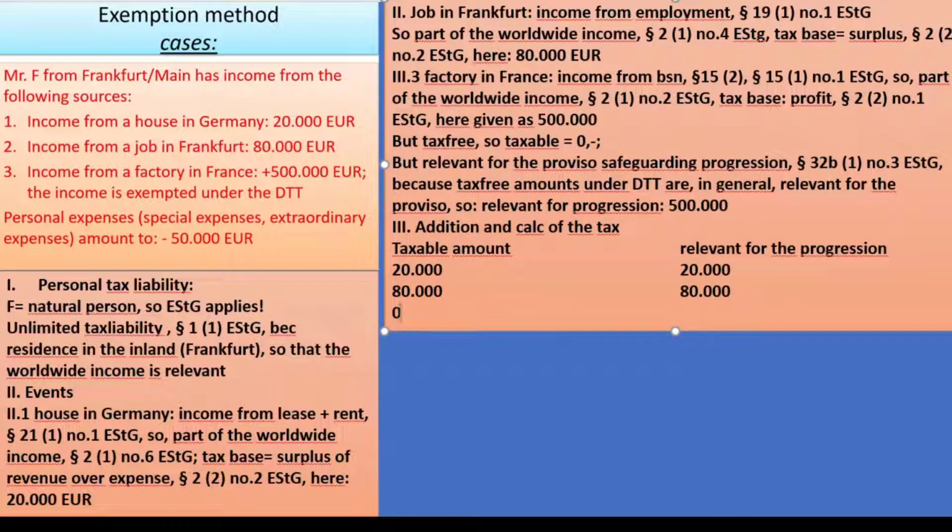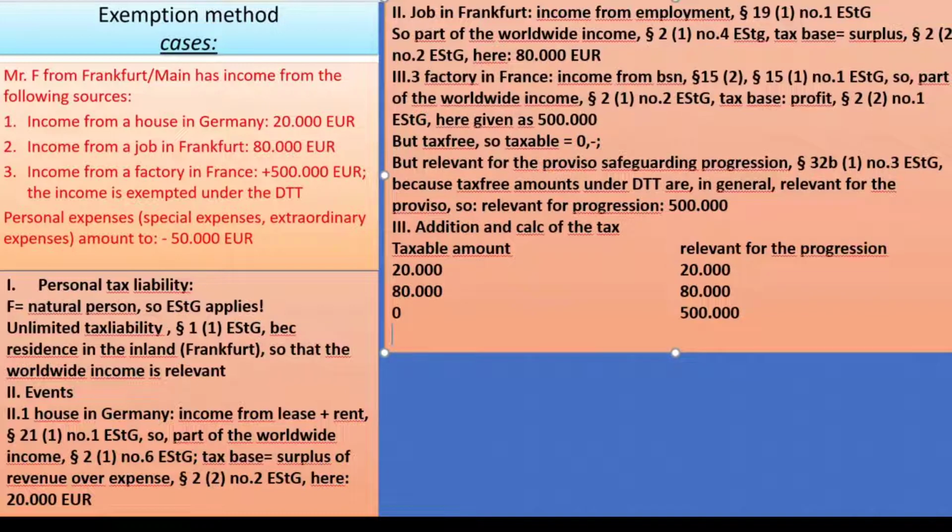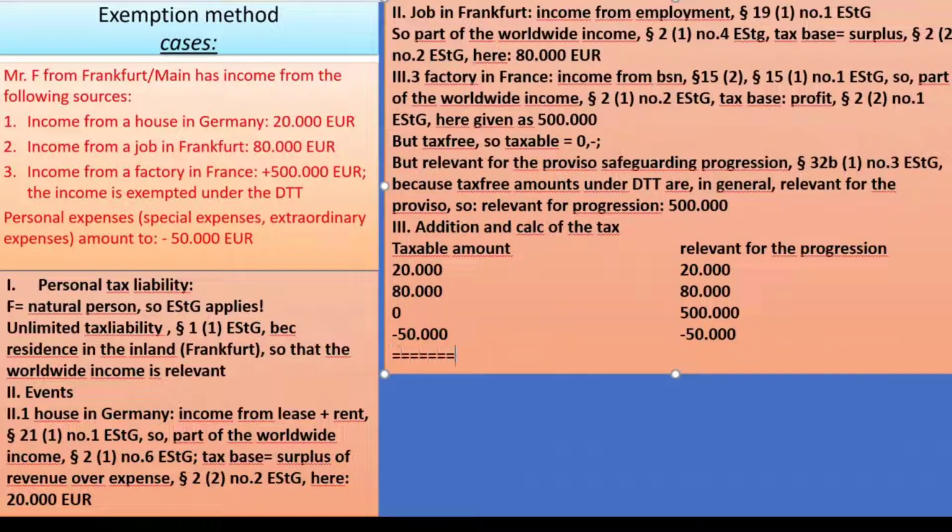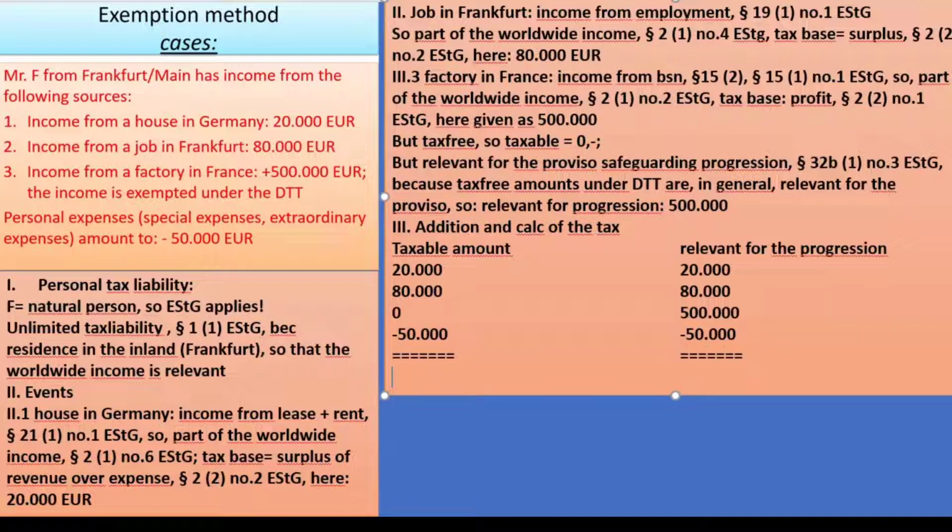Then we have 0 from France and 500,000, which count for the auxiliary calculation. So then we have 50,000 deductible personal expenses and 50,000 here. So we have a total in both cases. The total here is 50,000 taxable income. And we have a progression which is to be calculated on the basis of 550,000 relevant for progression.